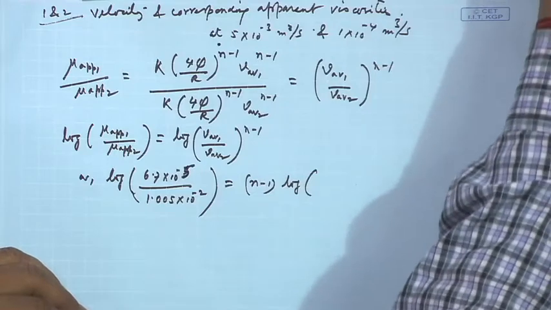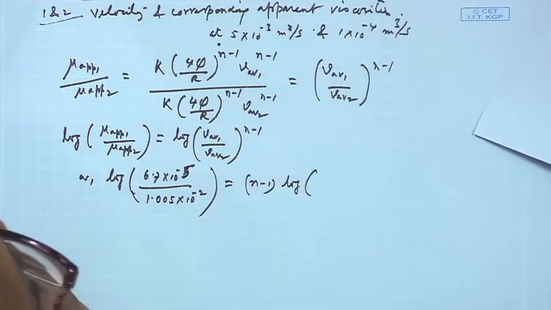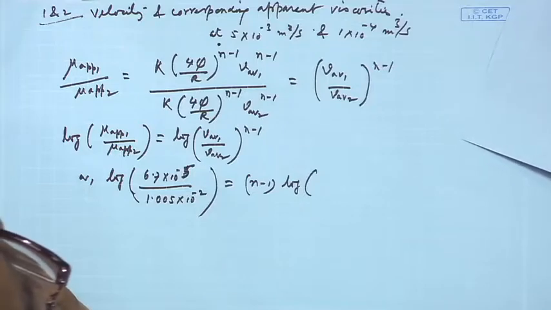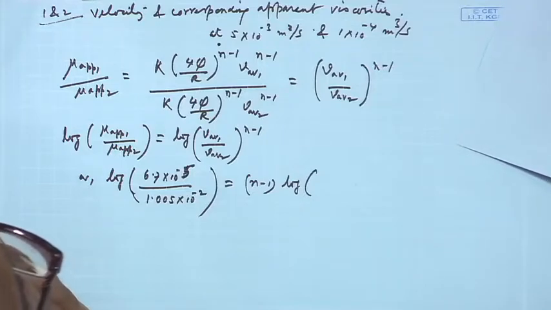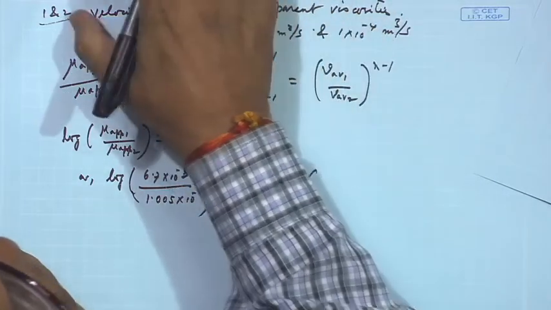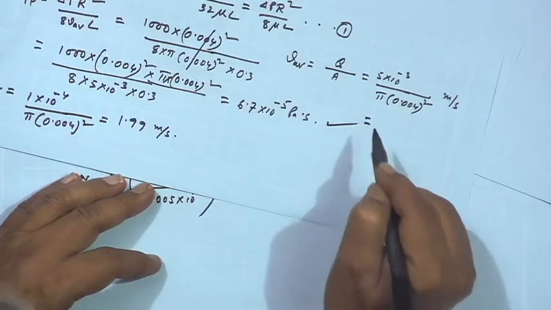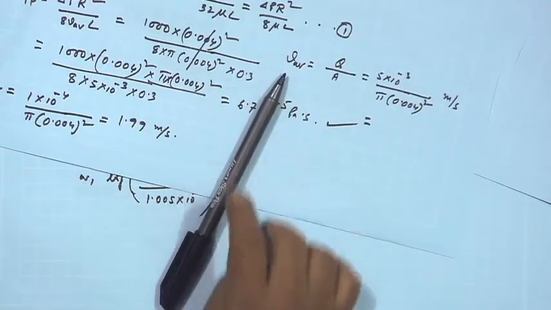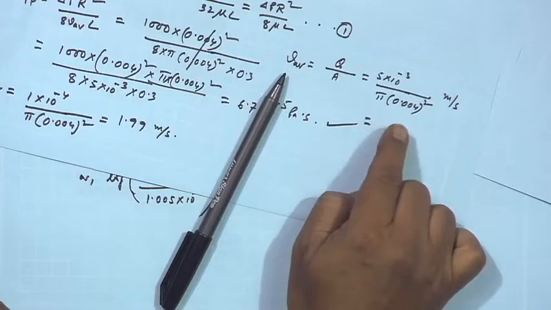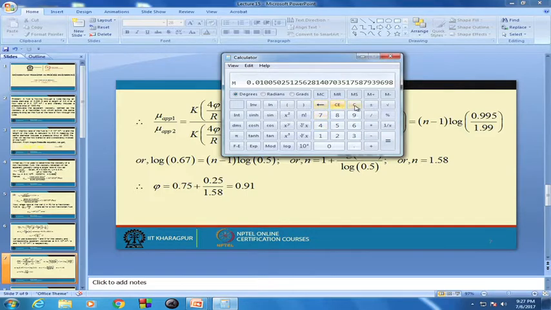In one case we have gotten average V to be 1.99, and in the other case we have seen it to be 5 times 10 to the minus 5 by pi times 0.004 squared, right. So let us look into that.